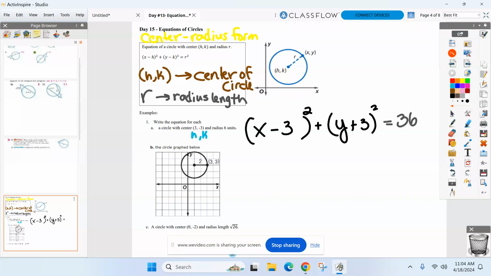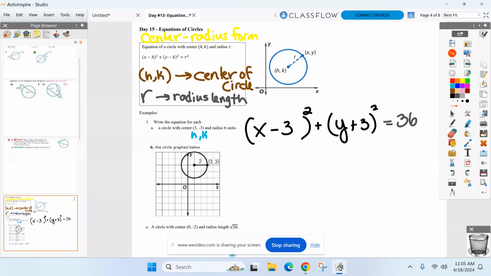We're done. This is the equation of a circle. I know some of you may be thinking ahead and saying, oh, I have to do x minus 3, double distribute. Nope. This is the equation of a circle right there. Center, radius. So that's how we're going to write the equation of every circle now. Questions on this before we get into more of them? Anything on the first one?